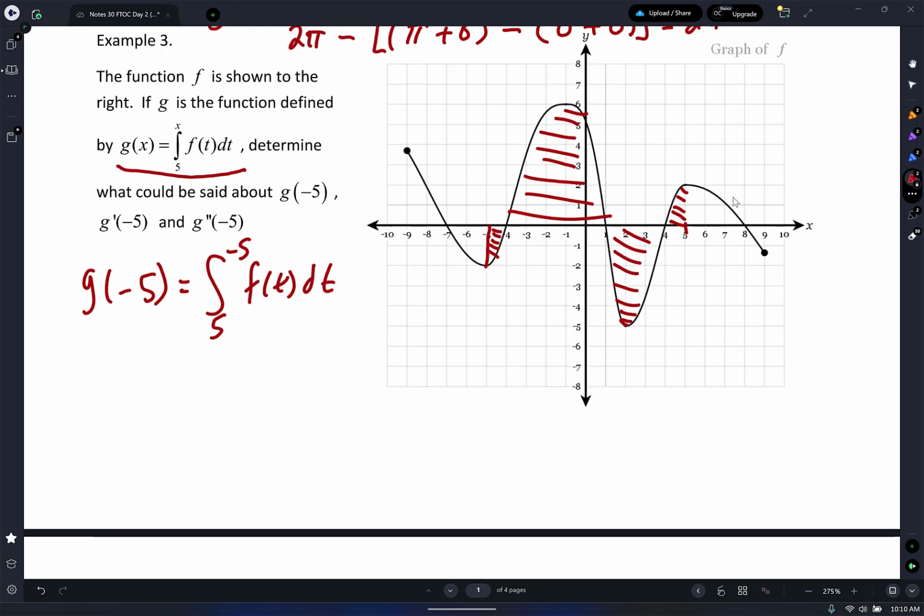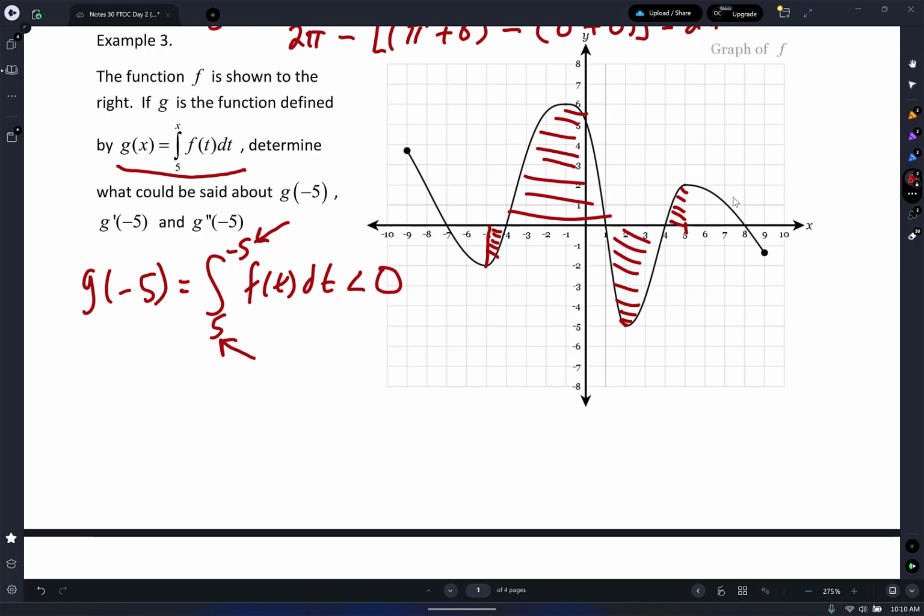It definitely looks like there's more area above. So is this integrand positive or negative? Look at the limits. Where are you starting? And you're going all the way to negative 5. So it's going to be negative because you're counting backwards. Cool or not cool? Cool.